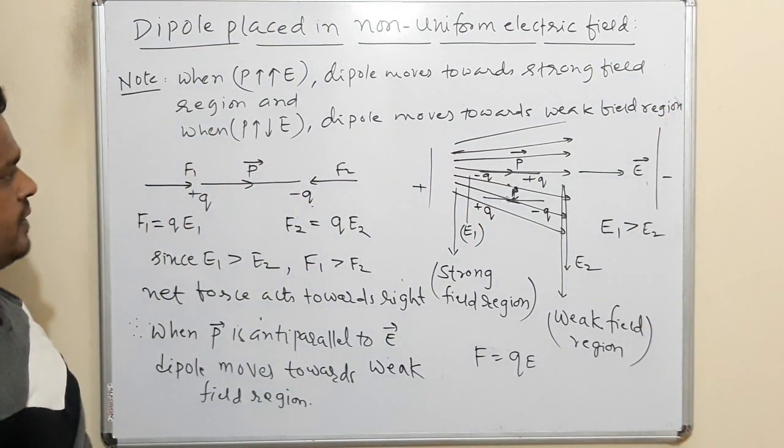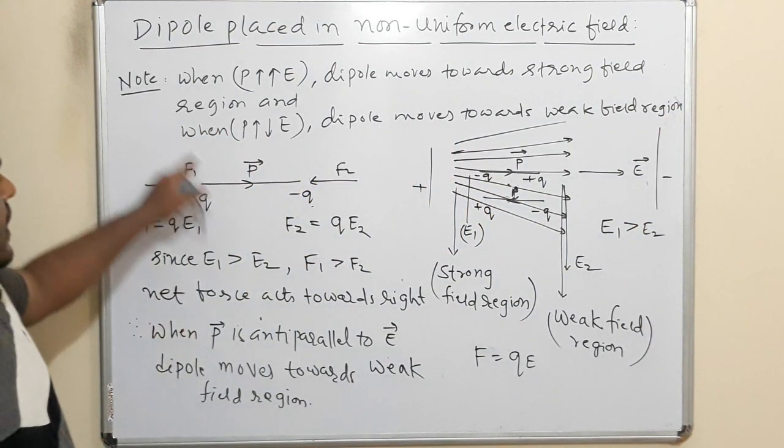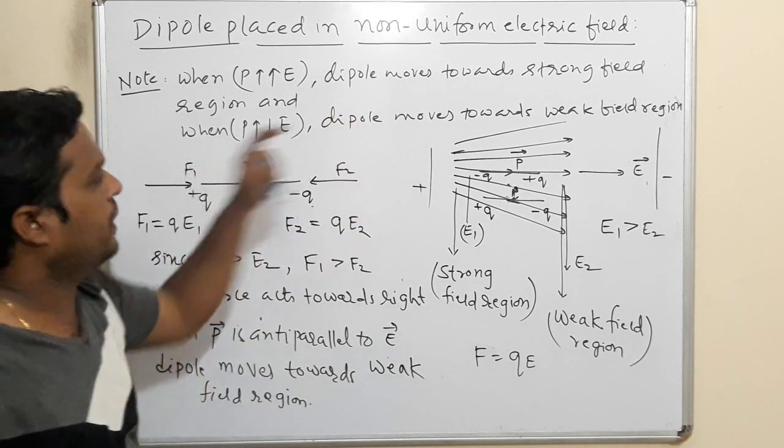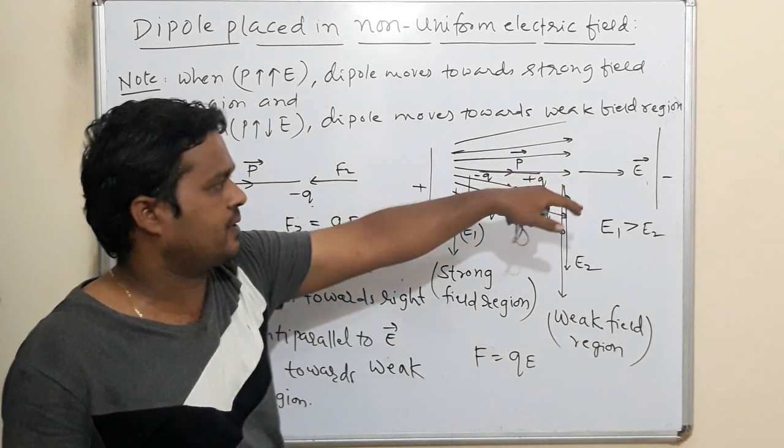Make a note of this point. Okay. When it is parallel, strong field, it will move towards the left. When it is anti-parallel, it moves towards the right.